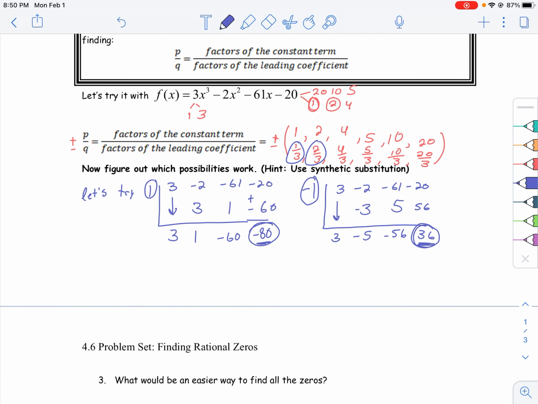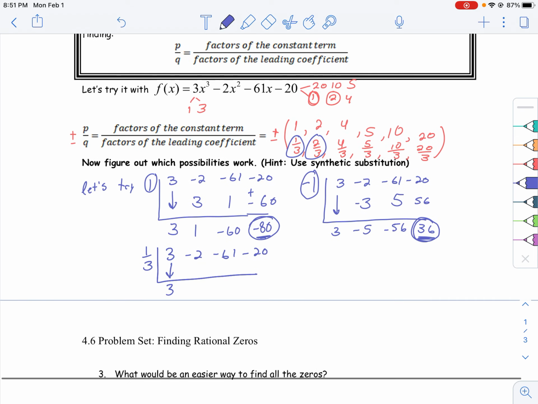So then we're going to go, I don't know, let's go 1/3. See what happens. 3, negative 2, negative 61, negative 20. So that's 3. Actually, it could be positive 1/3 or negative 1/3.